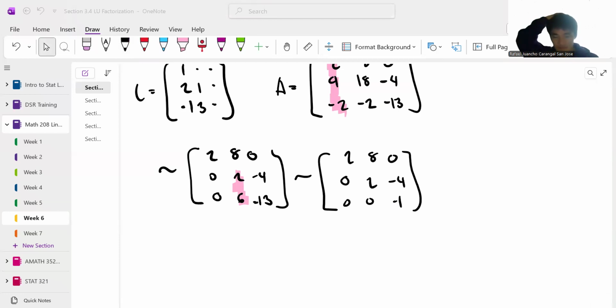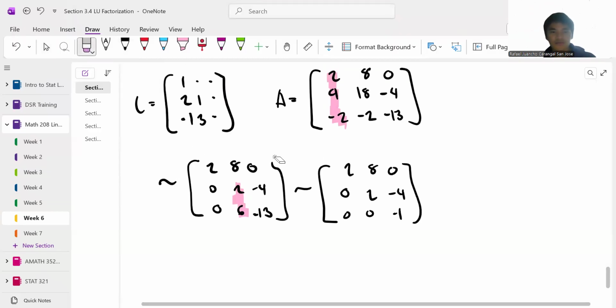Or in this case, actually, we could just scale the whole thing. This one I could just divide, so I would just get my L to be 1.